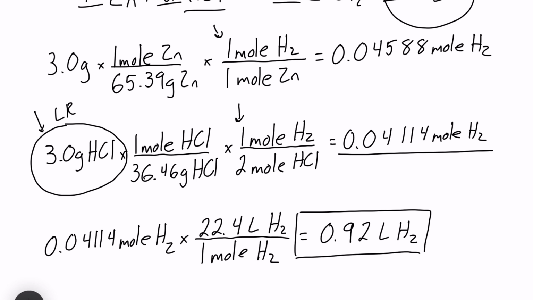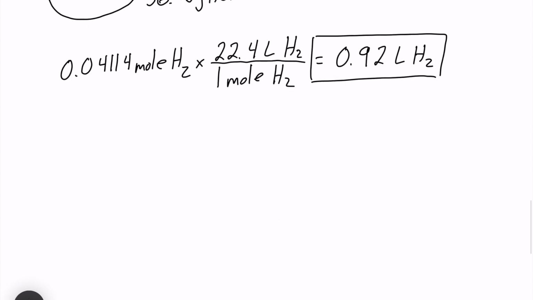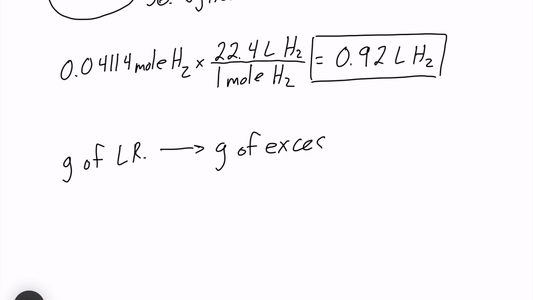All right. So basically, we have to start with our limiting reagent, which we know is the 3 grams of hydrochloric acid. And with that, we're going to move from, actually, I'll write it down. So grams of limiting reagent, and we want to eventually get to grams of our excess reagent.